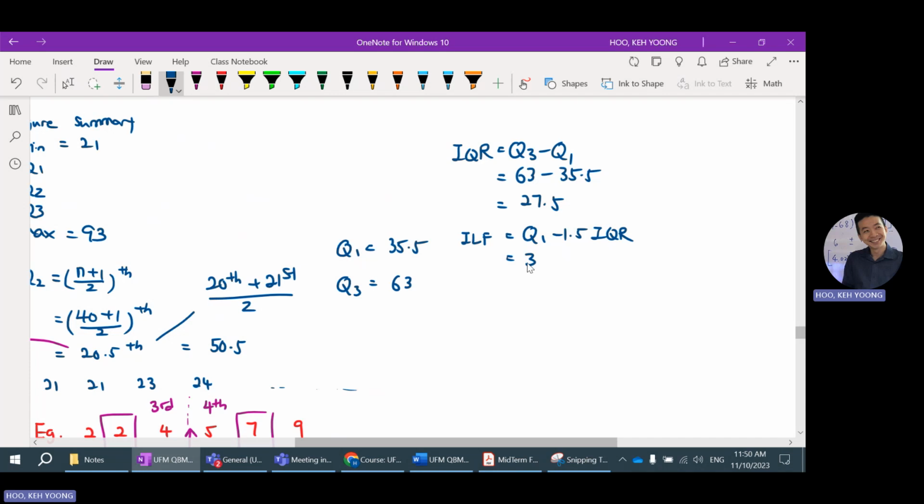So Q1 is 35.5 minus 1.5 times 27.5. You got your inner lower fence, and then the inner upper fence, that's Q3 plus 1.5 times 27.5.